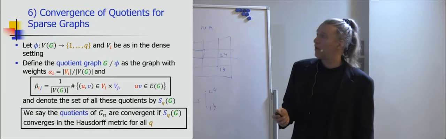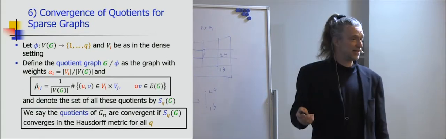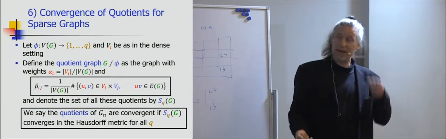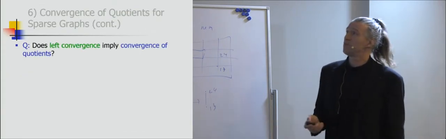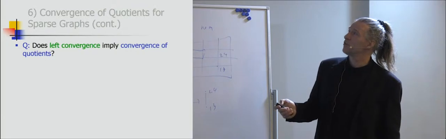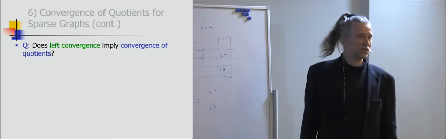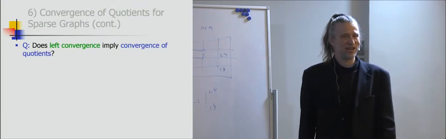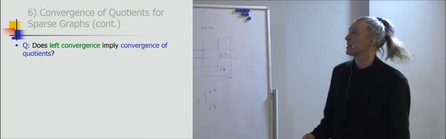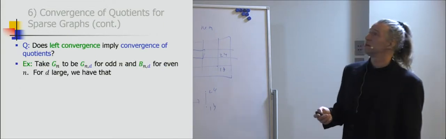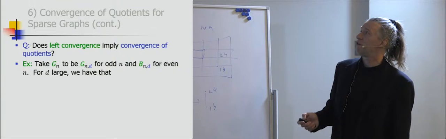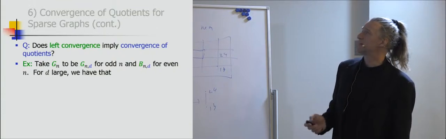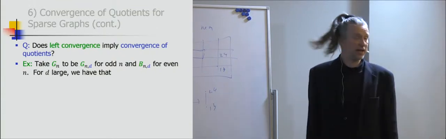Now, again, you can express things like max cut and min bisection in terms of these quotients. So one thing you might ask: does left convergence imply convergence of these quotients? Well, probably not, because I already indicated that it's a stronger notion, but let's see that this is actually not the case. Let G_n be the d-regular random graph for odd n and the bipartite regular random graph for even n.